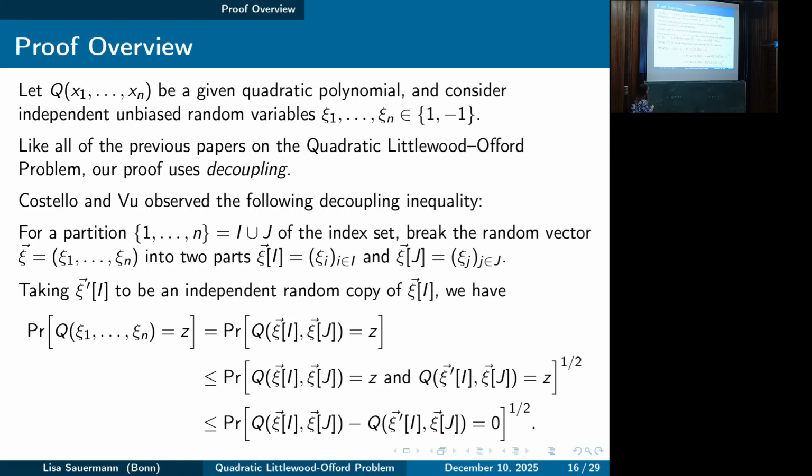The reason for that is that the terms which are quadratic in xi j appear here and in the same way here, and so they cancel out. So after we expose and condition on this, it becomes a linear anti-concentration problem, and linear problems we know how to study. That's the whole reason why we want to do that.